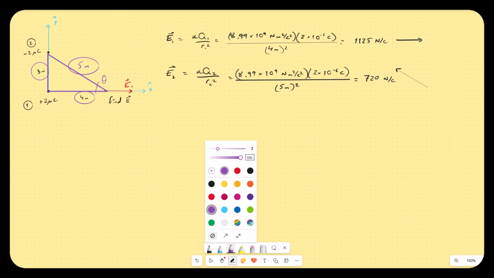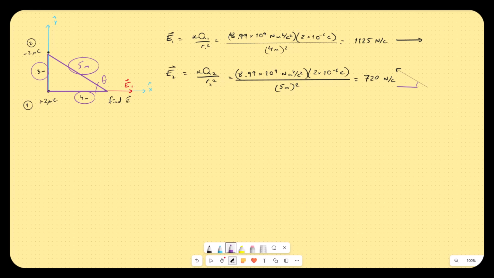There's an angle, so that's going to be the same as my angle here when I try and break this thing into components. I know that the cosine of my angle is 4 over 5, because 4 and 5. I know the sine of my angle is 3 over 5. So I can find the x and y components.